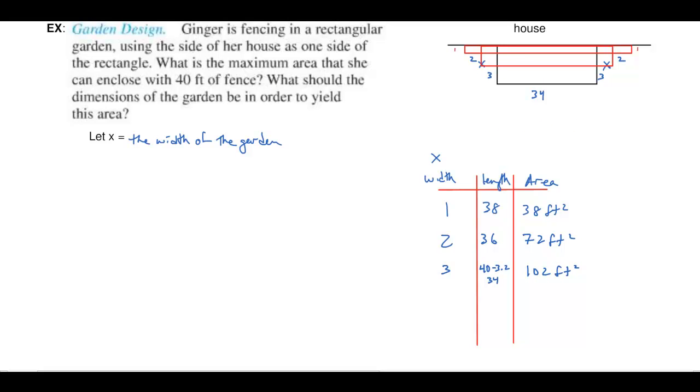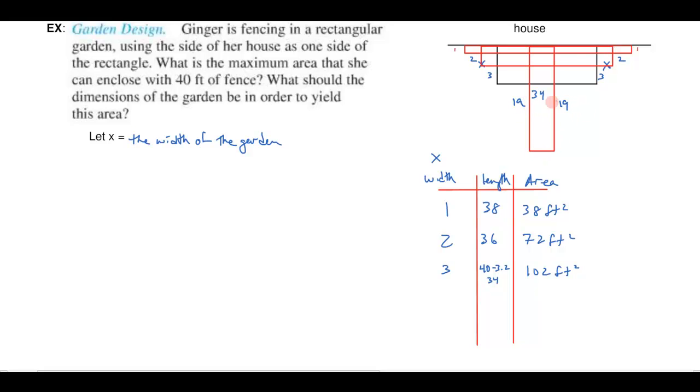Well, on the other end of the spectrum, she could also maybe have a garden that was like this. Now notice that the very biggest distance she could come out here would be 20 feet, right? If she went out 20 feet and then back 20 feet, that'd use up all of the 40 feet of fencing, and she wouldn't really have any area. So let's say she just went out 19 feet on each side.